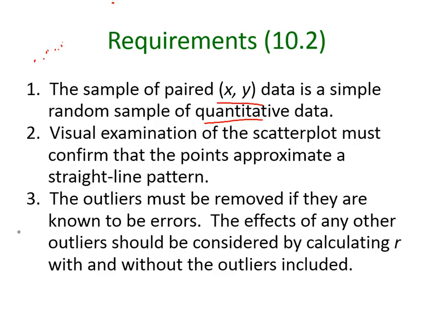That outlier needs to be considered, looking at what's going on with and without it. Because having that one person in my sample, maybe in an age and GPA comparison, if it's an extremely bright 60-year-old or an extremely not-doing-so-hot 60-year-old, can really impact what's going on in the graph.